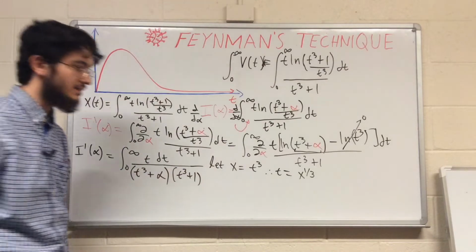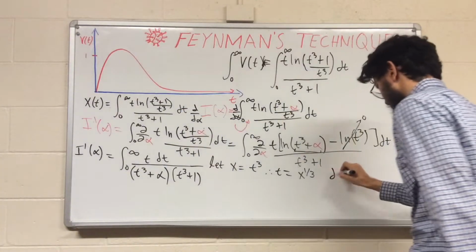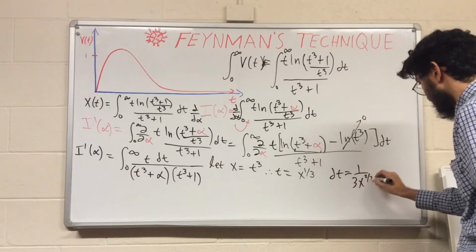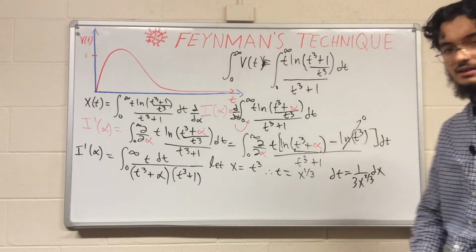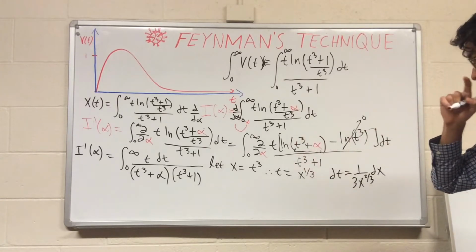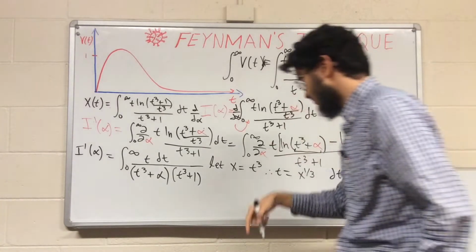Therefore, if we want to find dt, it's nothing but 1/3 of x to the 2/3 on the bottom times dx, okay? So this is going to be important in order to substitute, and so we can make our substitution.